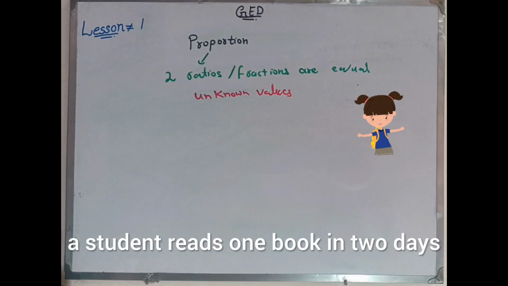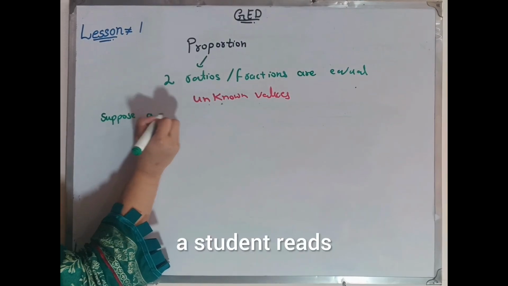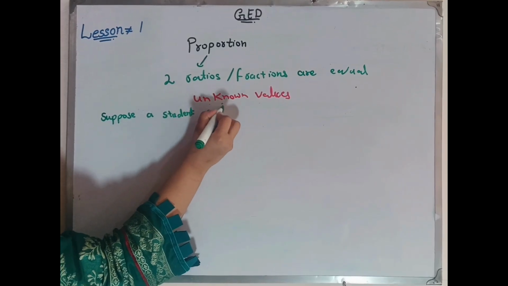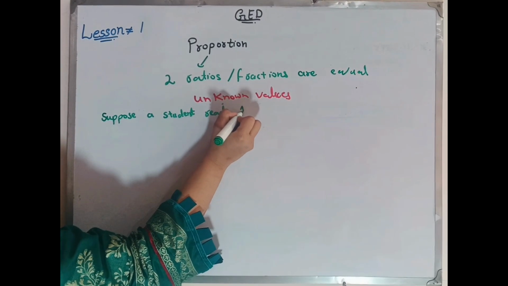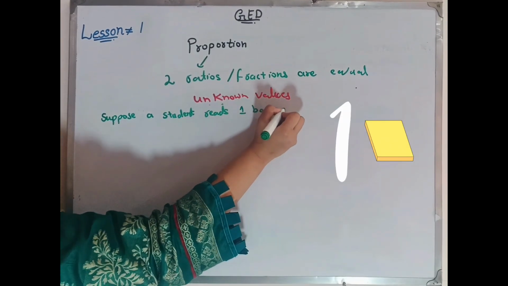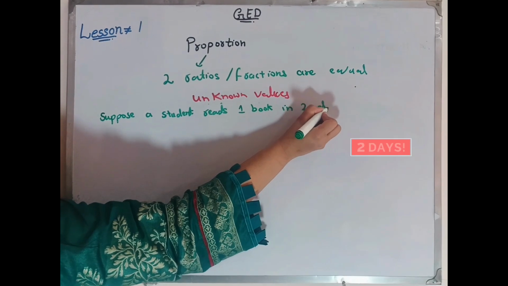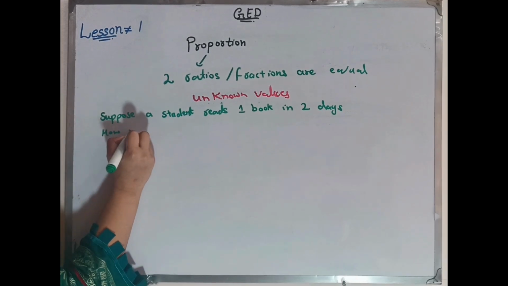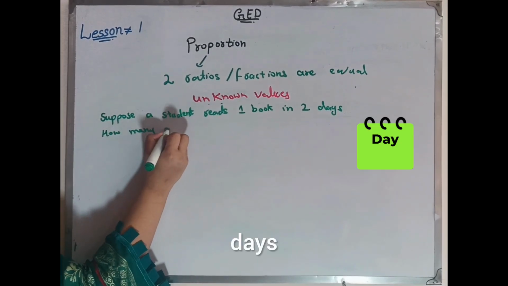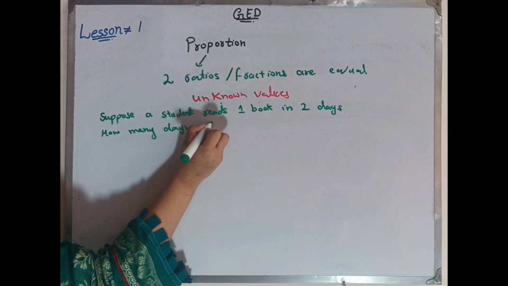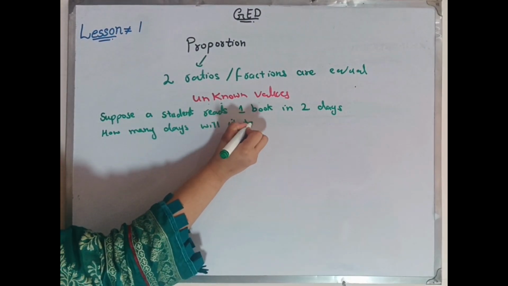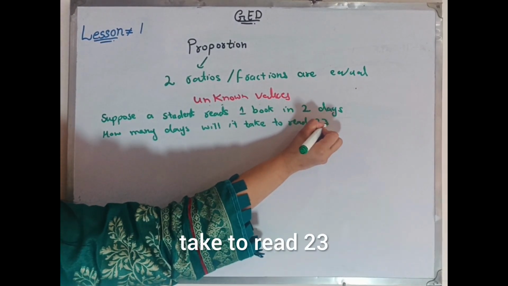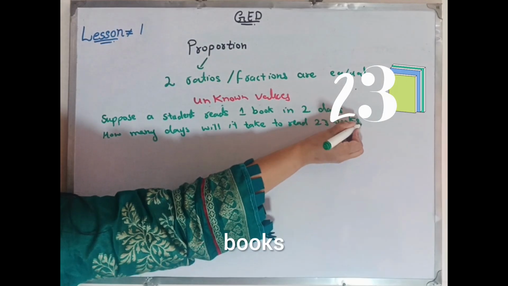Suppose a student reads one book in 2 days. How many days will it take to read 23 books?